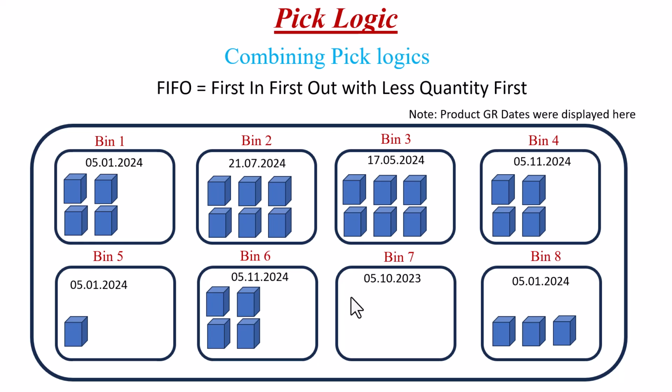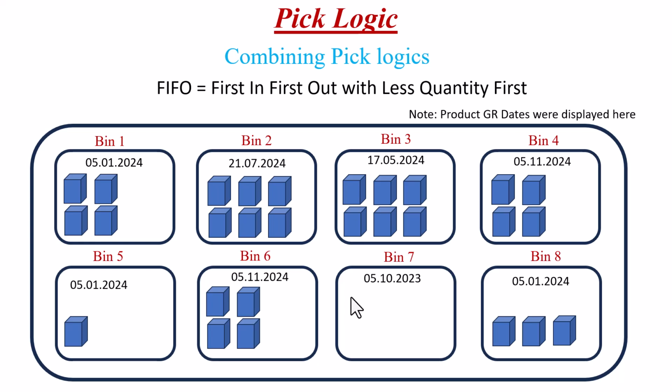The system has proposed to pick those products first. Later we move to another bin. So which bin has to be selected here? The first month of 2024, the fifth day, 5/1/2024.